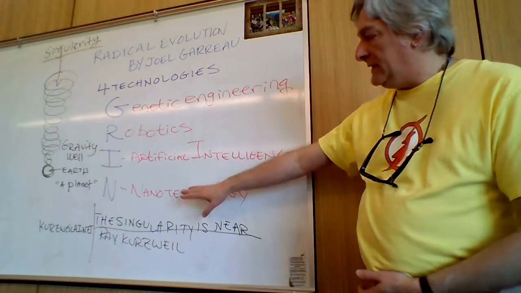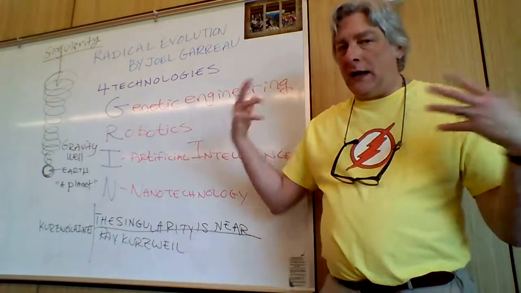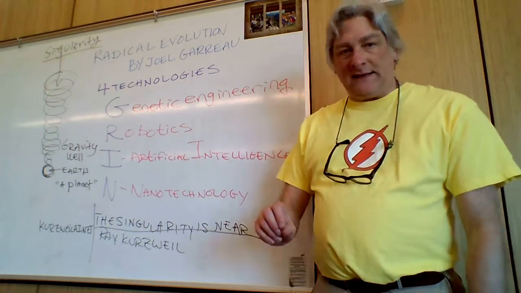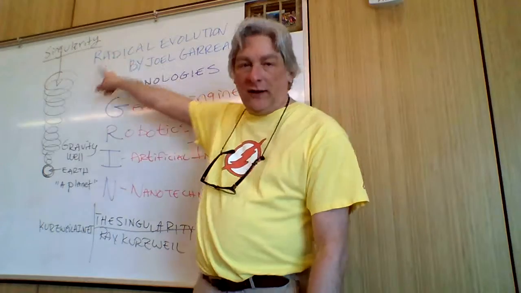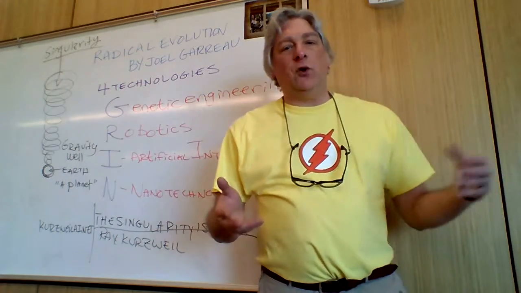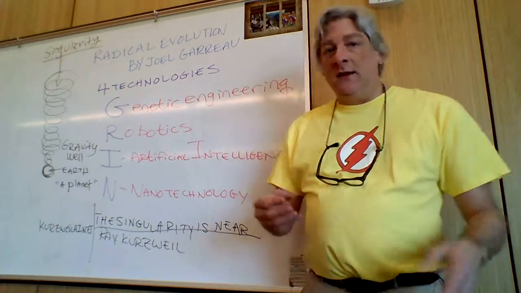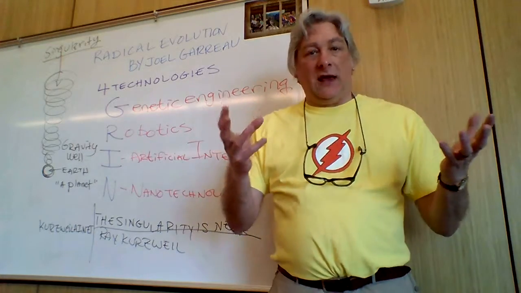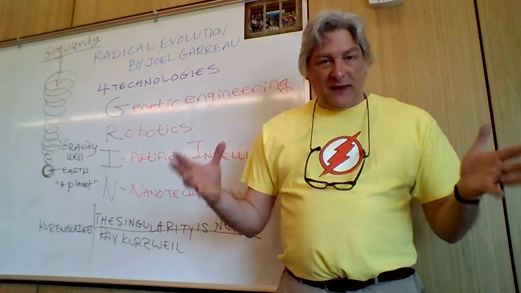Now, what they're saying is that one or a combination of these technologies could result in an event that we would call the singularity. And the singularity is a word that is borrowed from science. That's another word for a gravity well. And you have, say, a planet in space.